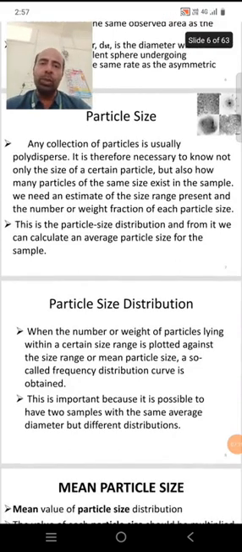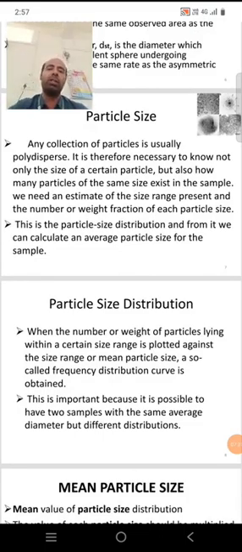When the number or weight of particles lying within a certain size range is plotted against the size range or mean particle size, a so-called frequency distribution curve is obtained. This is important because it is possible to have two samples with the same average diameter but different distributions.